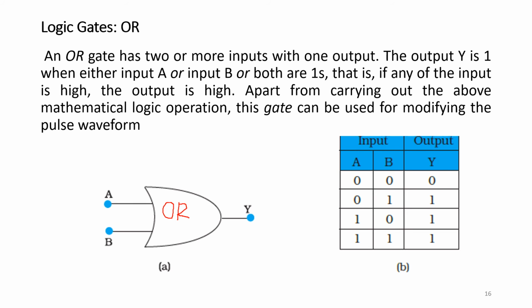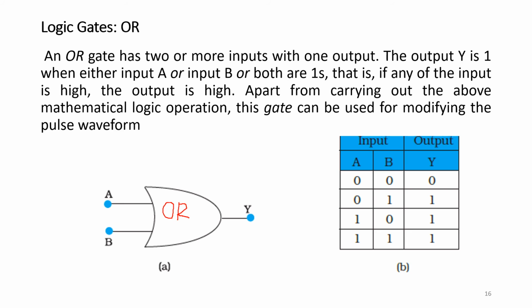It has two inputs, and the input side is slightly curved, and the shape is like an arch of a circle. This is the shape of an OR gate, and the output is shown as Y here. The output is a single output Y. A and B are inputs.